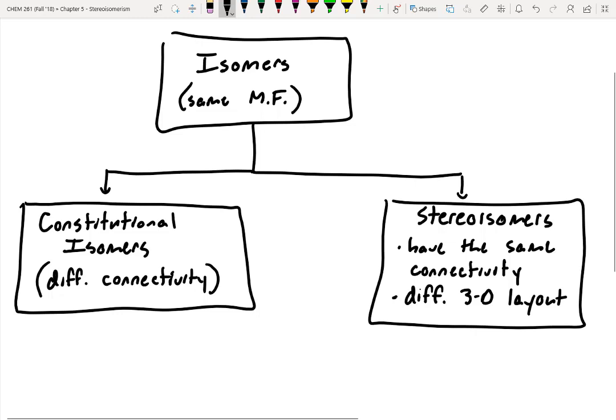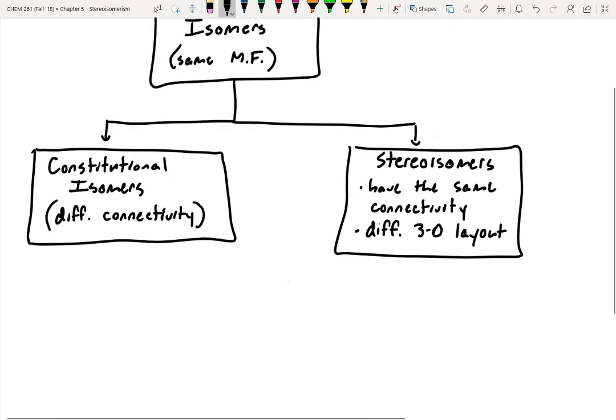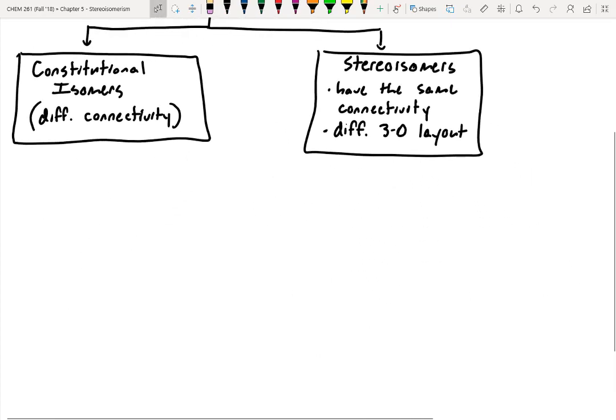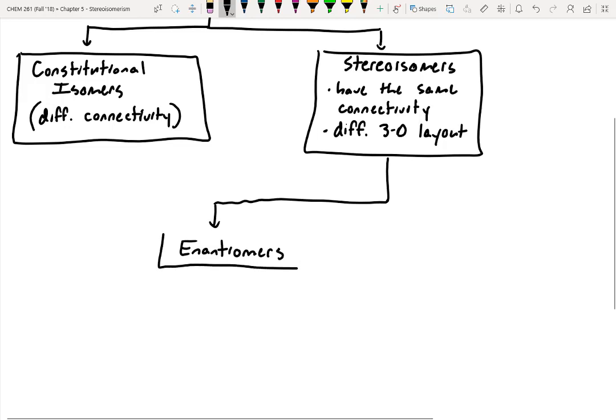So they had the exact same connectivity in space, meaning they were attached in the same way to some similar central atom, but they had a different 3D layout, and we could describe them as maybe being an R or an S. So for example, that was one type. What did we call those when they were non-superimposable mirror images? They're chiral, but specifically enantiomers. So enantiomers are very common in chemistry, and they are non-superimposable mirror images.